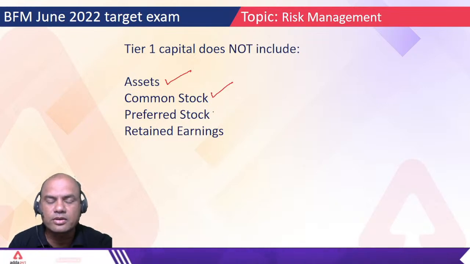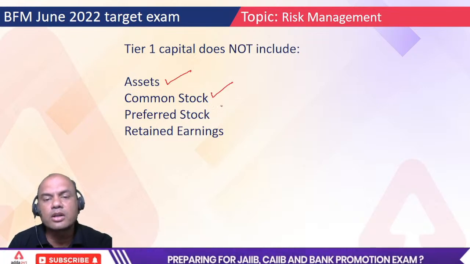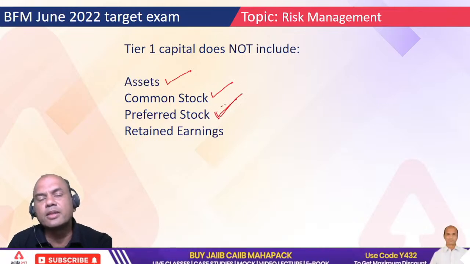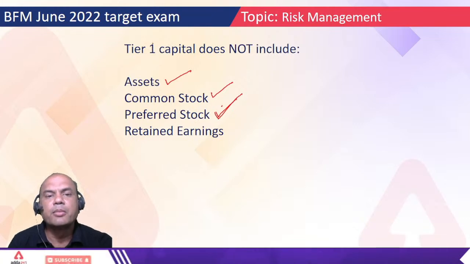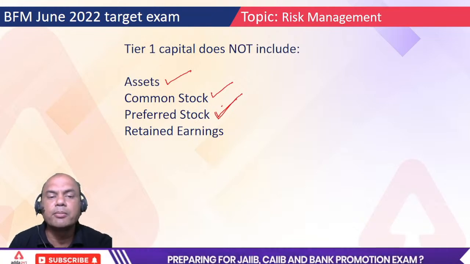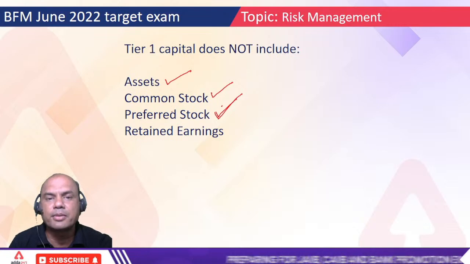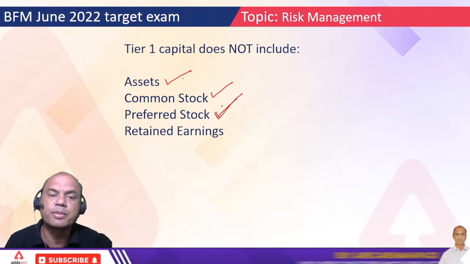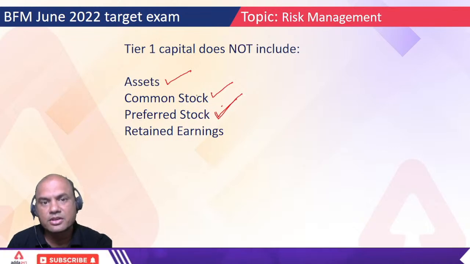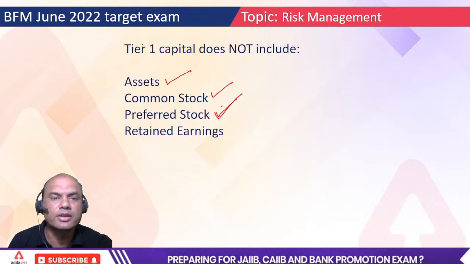But preferred stock is not a part of tier 1 capital. Tell me why preferred stock is not a part of tier 1. Because preferred stock is a compulsory paid capital. Means in preferred shares, I'll have to pay the dividend at any cost. So that's why it can't be a part of tier 1.